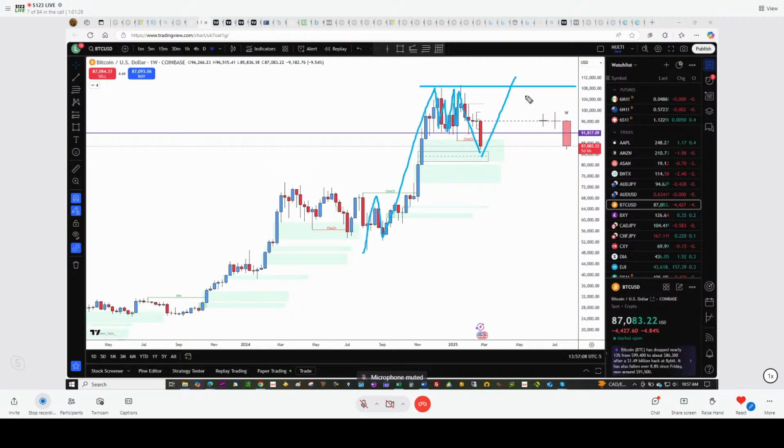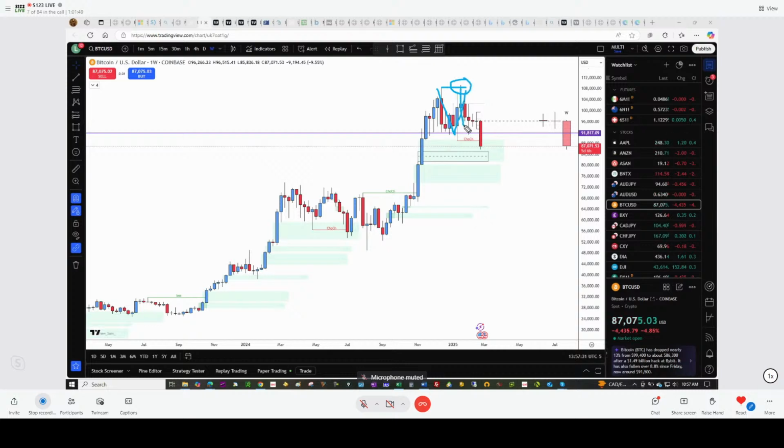If this is wrong, then we've hit the high already, and we're looking to come down, which would be very nasty. Don't want to see that, because we did take out the high here. So for all intents and purposes, that could be a fifth wave, and that was it.